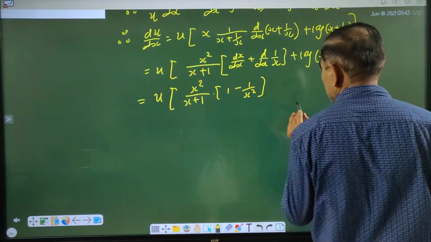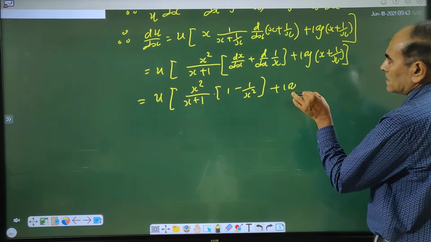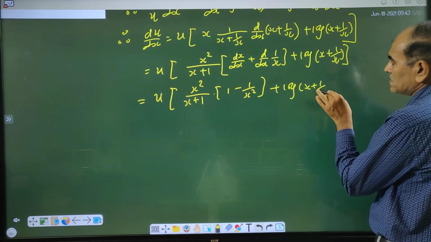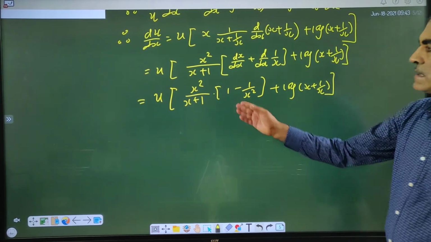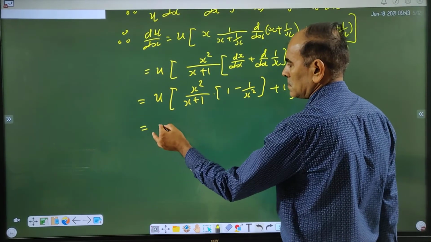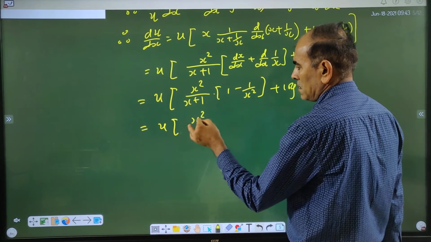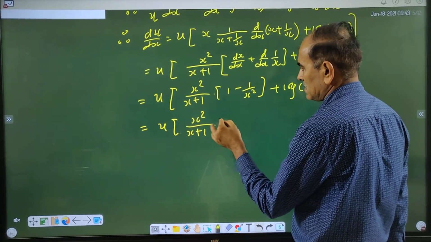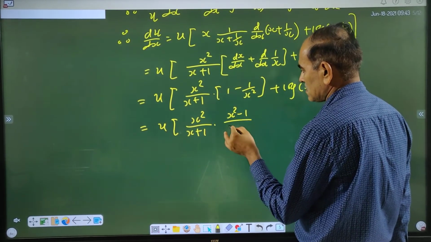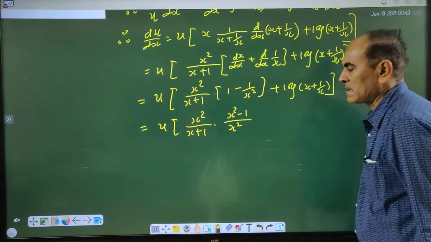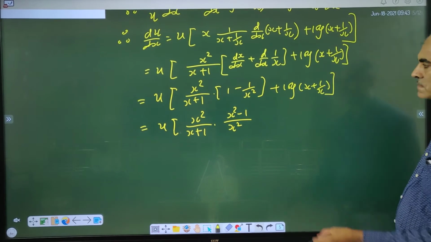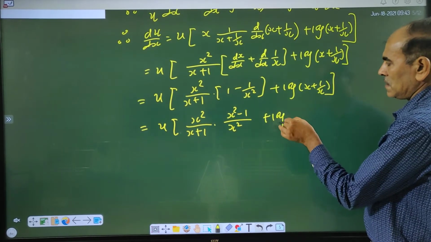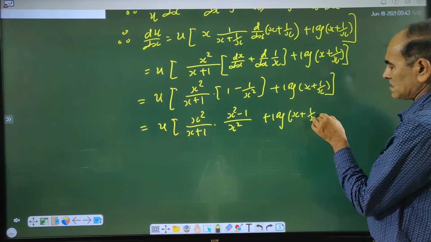Rest of the term is log of (x plus 1 by x). Take LCM here. u times x square over x plus 1 into (x square minus 1) over x square. Yes or no? Yes. Plus log of (x plus 1 by x).